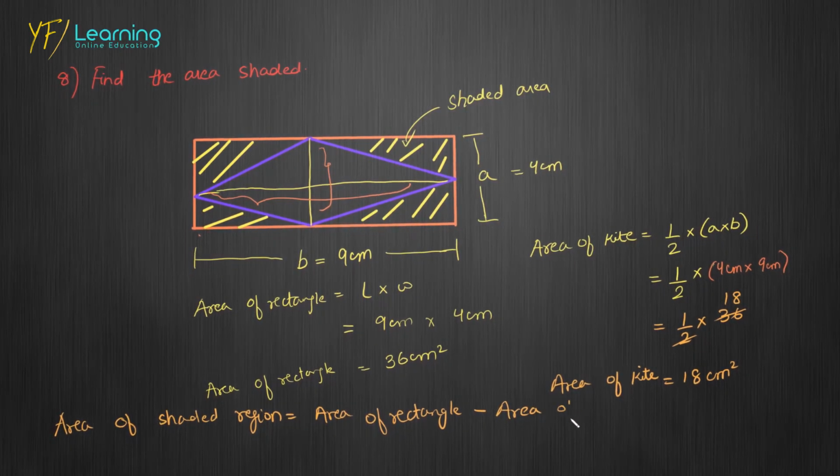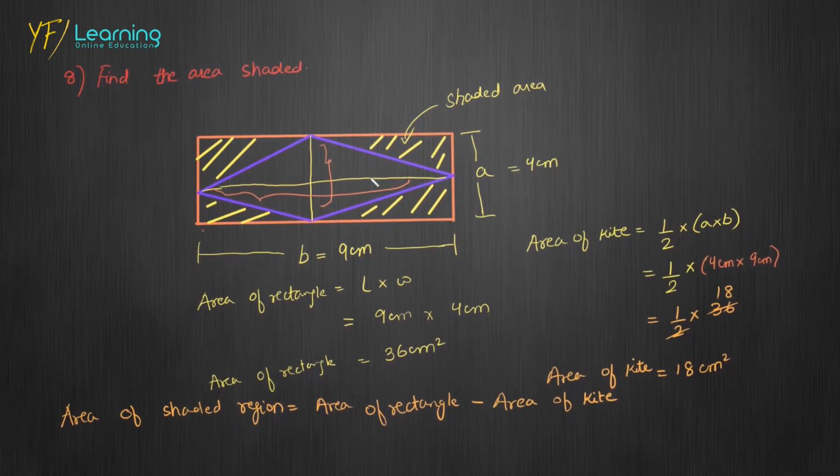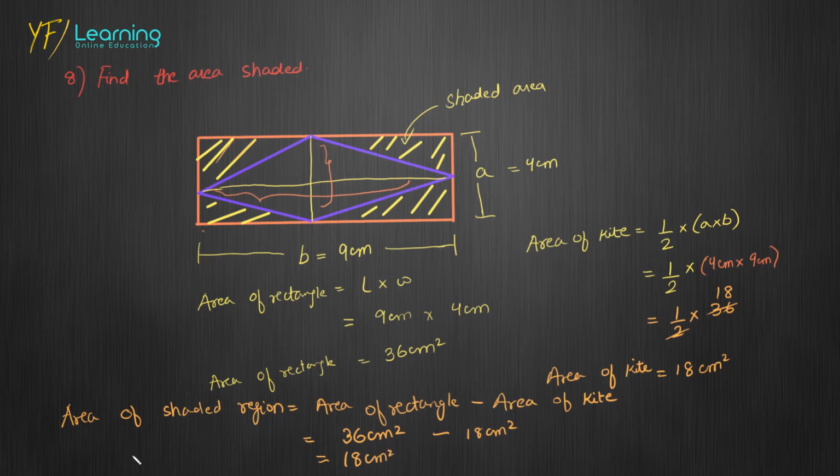If you subtract area of kite from area of rectangle, it leaves only this yellow shaded region. So area of rectangle is 36 centimeter square minus 18 centimeter square, which is equal to 18 centimeter square. So area of shaded region is also 18 centimeter square.